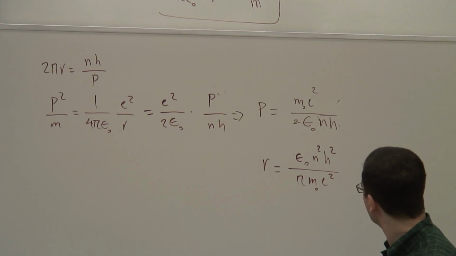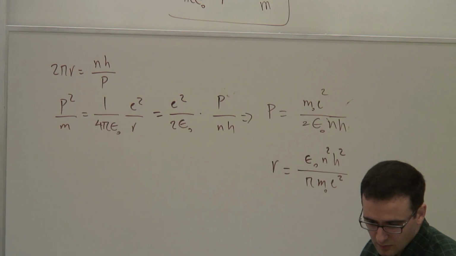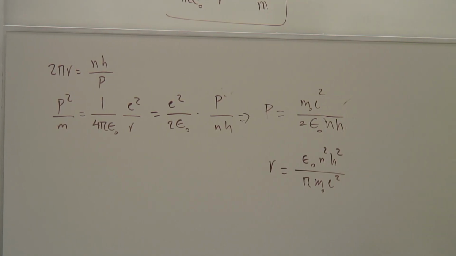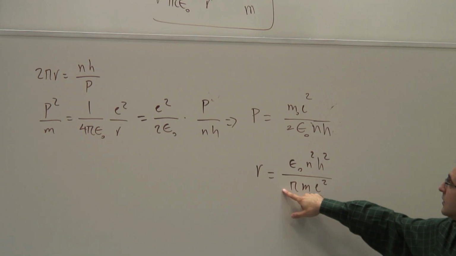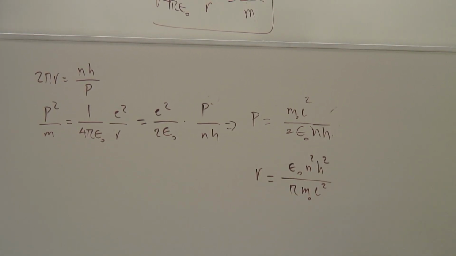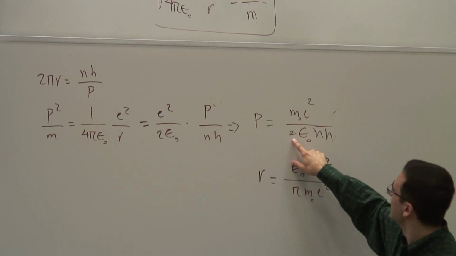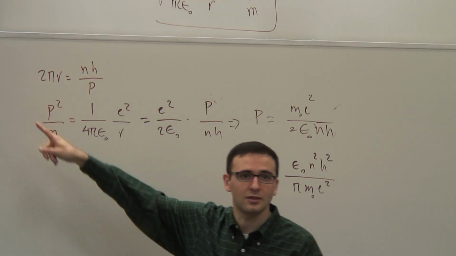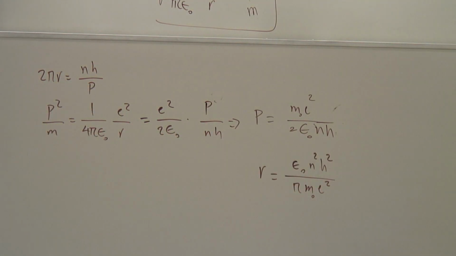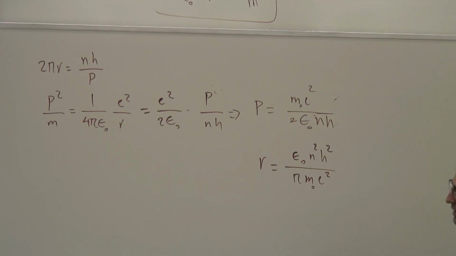I'm sorry? There's an 8. So here? Doesn't have an 8. No, why should I have an 8? This 2 is in the denominator here, but this is in the denominator, so it goes in the numerator. That 2 cancels that 2. So, I got the p and r.